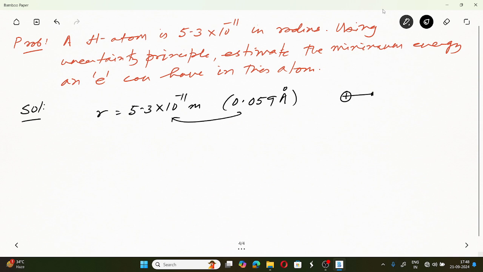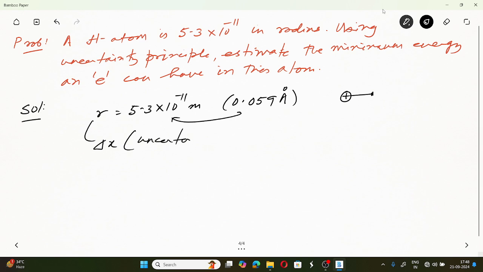Now see, the electron is present here. Now the question is, if I say this is the uncertainty in the determination of position of the electron.